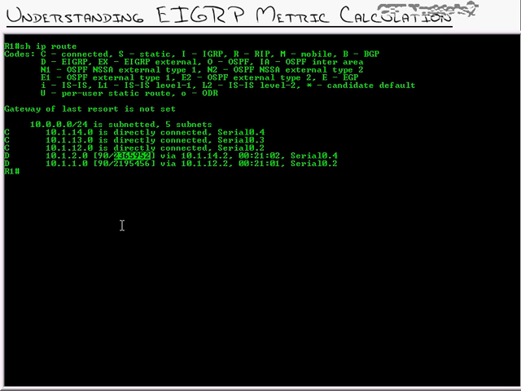So if you heard about this metric, the EIGRP metric, from a CCNA series perspective, they would say, oh, well, that number is just a big number, and just remember that smaller is better. And that's about all you would know about the EIGRP metric.